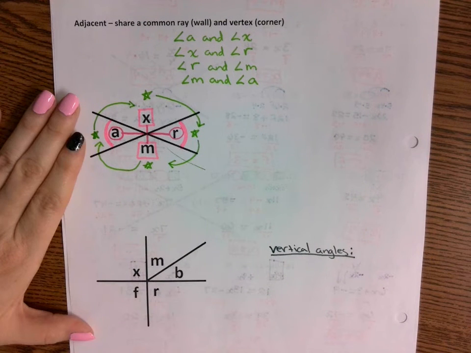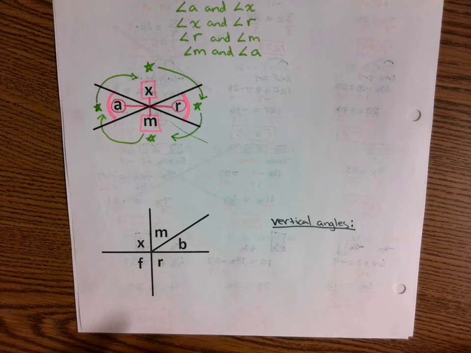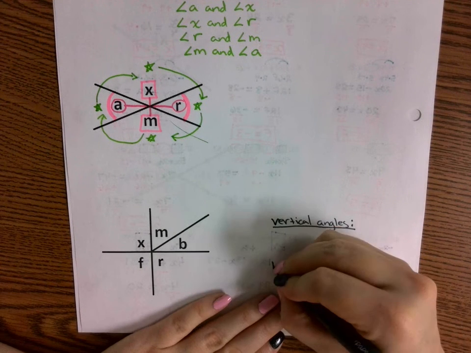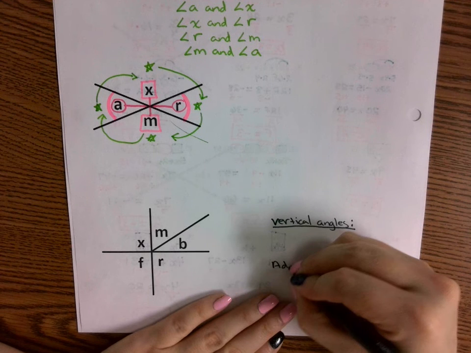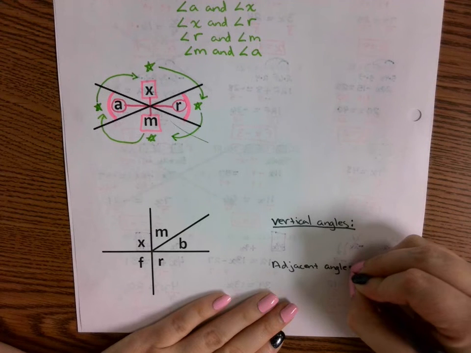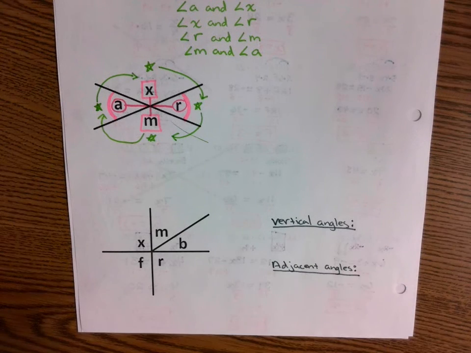So you'll only have one relationship here. And then I want you to identify all of the adjacent angle relationships. Tell me the two angles that create the vertical angle relationship and tell me all of the adjacent angle relationships that exist.